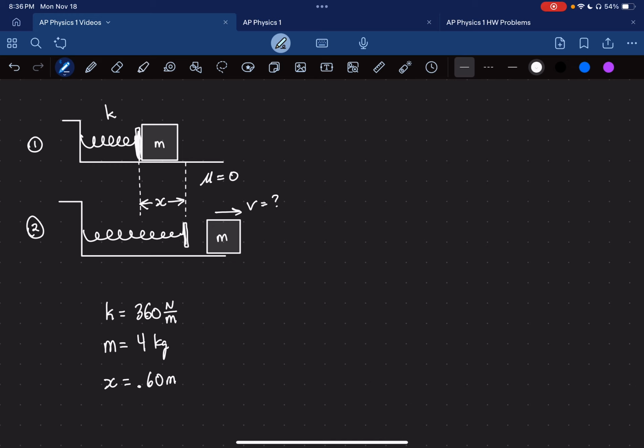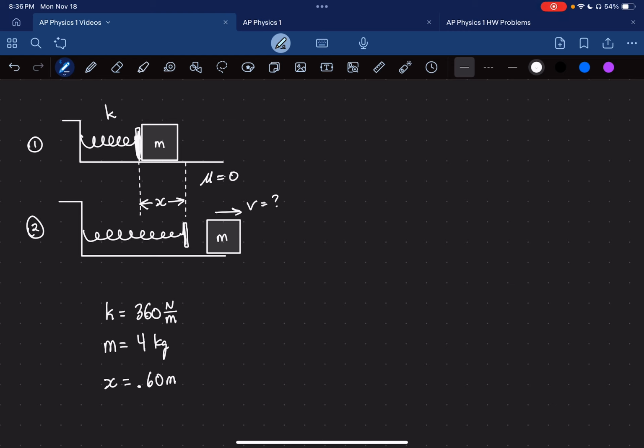We have two pictures, but it's the same spring, the same object. In position 1, we press an object, mass m, against a spring with spring constant k, and we move it from its equilibrium position. We compress it a distance x, which is 0.6 meters.